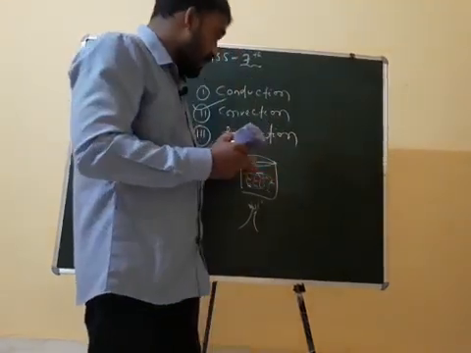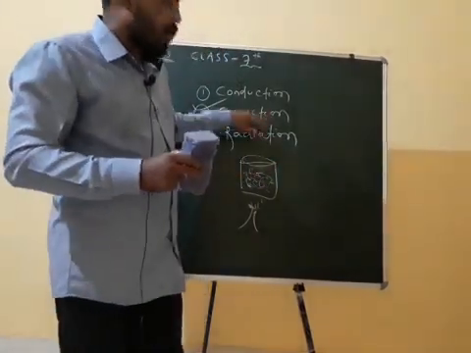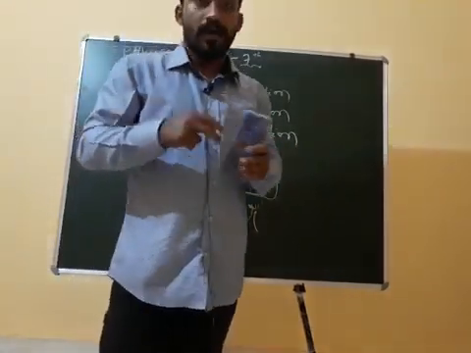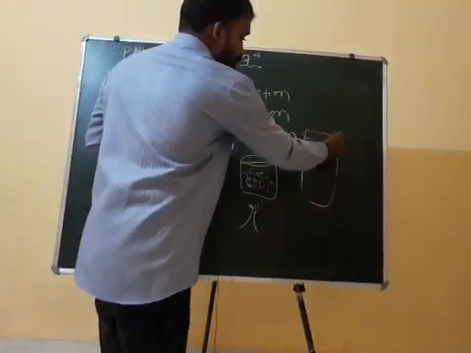Which example of convection can we give? There are convection currents in our refrigerator. The upper part contains the freezing chest.